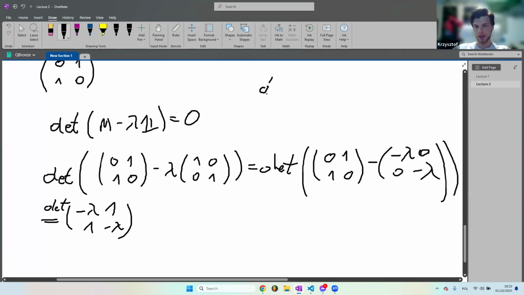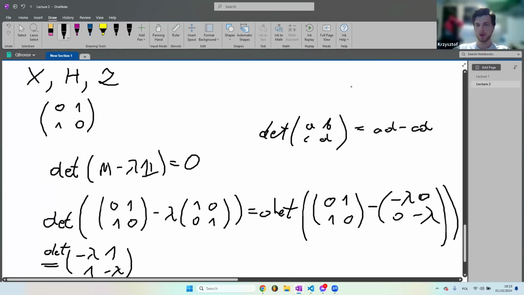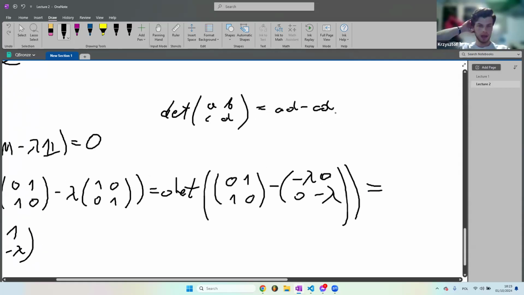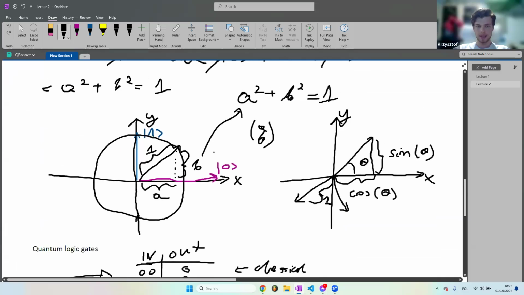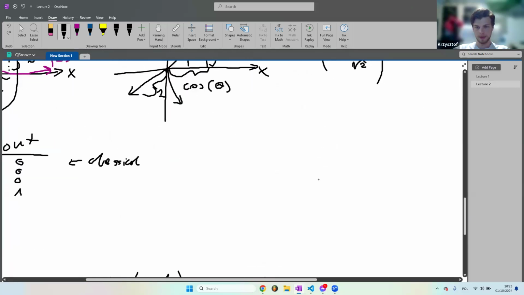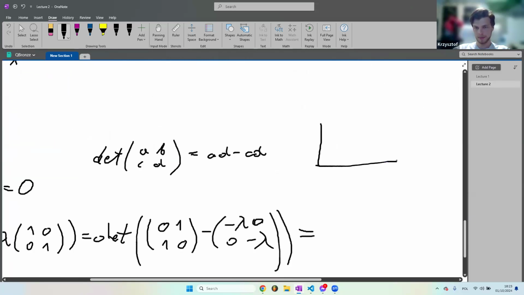In order to calculate the determinant of a matrix such as A, B, C, D, we need to find AD minus BC. This only works for two-dimensional matrices, and it is very important to stress that. You can think of the determinant of a matrix as the area of the vectors after transformation.